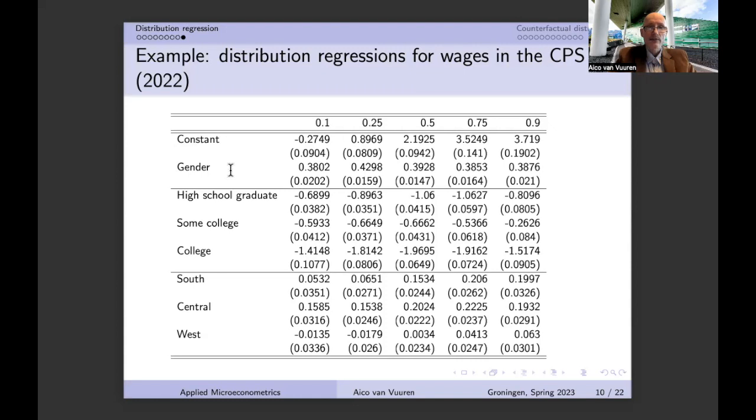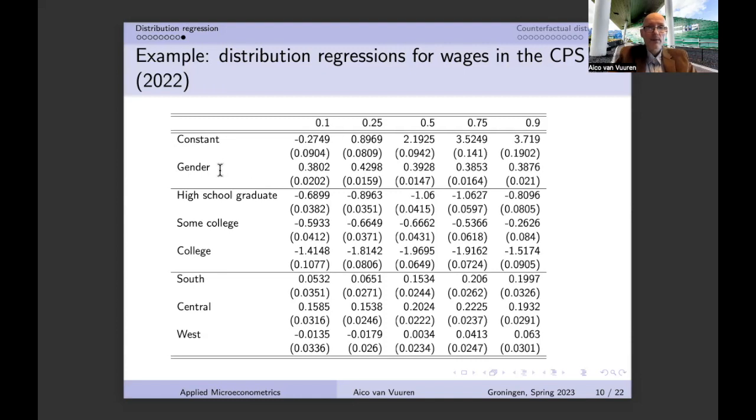So a negative sign means actually that your probability to earn less than a certain wage is going to go down. That means, of course, that you have a relatively high wage. So a positive sign always means that you have a lower wage, a negative impact on your wage, and a negative sign means that you have a relatively high wage.